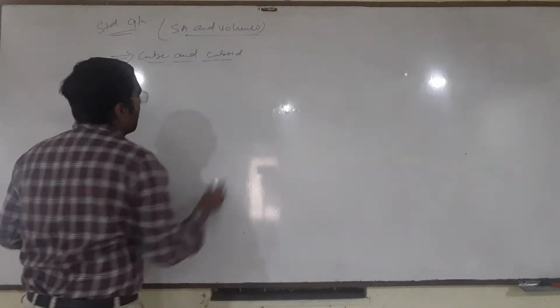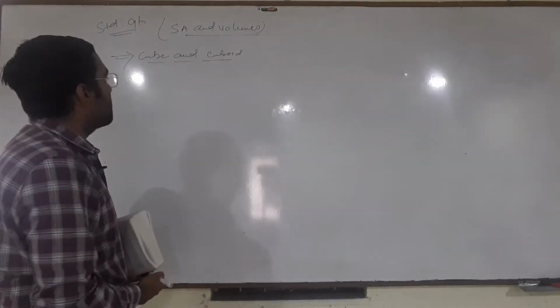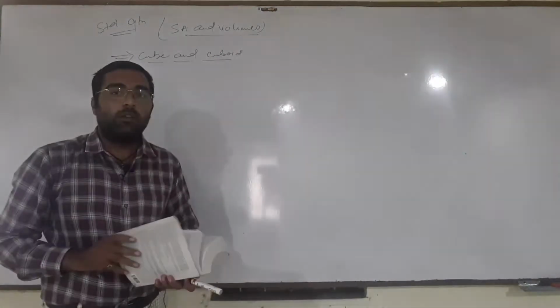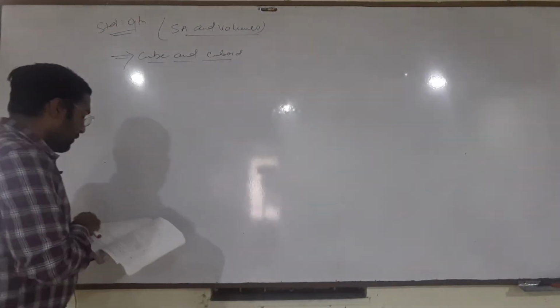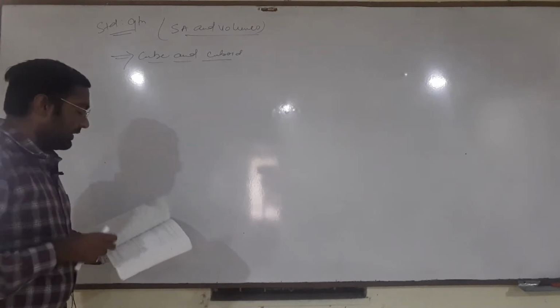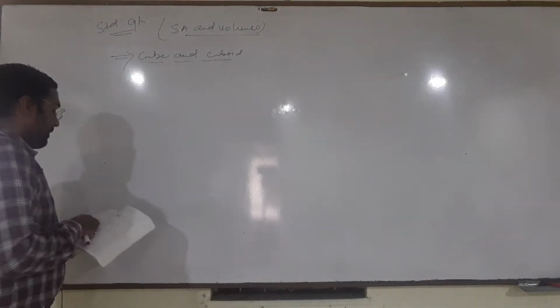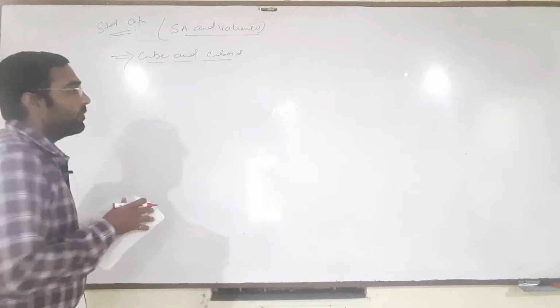As per the previous session, we are continuing that topic of the cube and cuboid. So let's start the formulas. In the previous lecture, we saw the formulas for the cuboid. Now we have to see the formulas that are related to the cube.